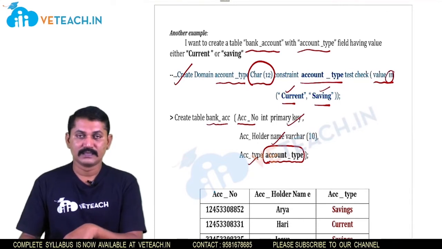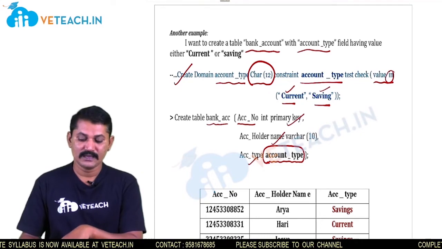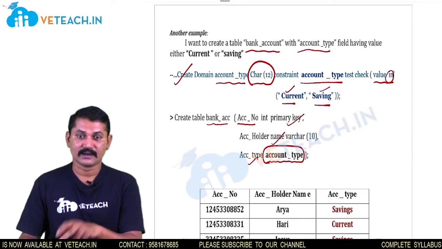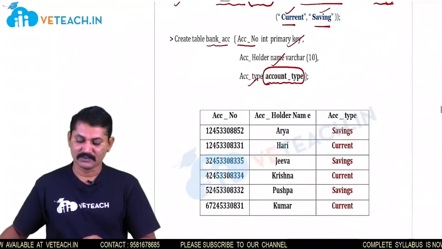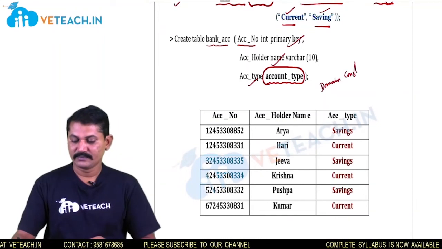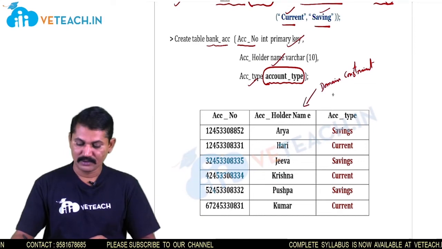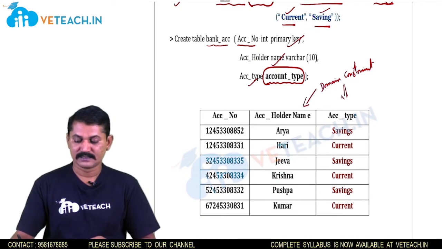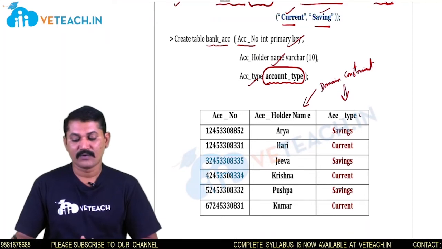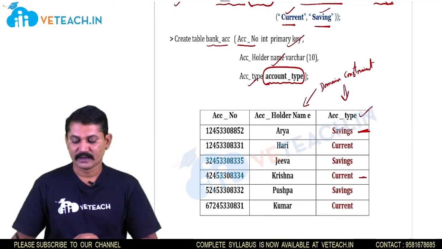So when the definition is created, the data is allowed only with respect to the domain constraint, that is current or savings. See the entries of the table. Here the domain constraint is applied on this table like this. What is that? The domain constraint for the account type has only two things, that is savings or current.